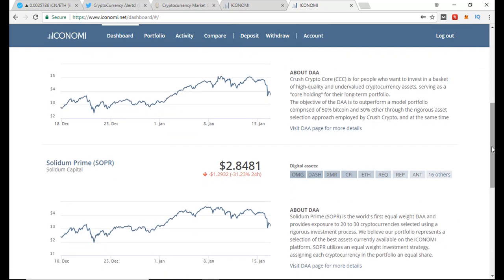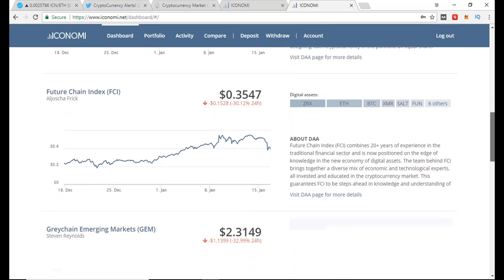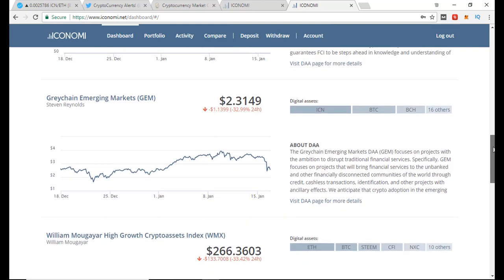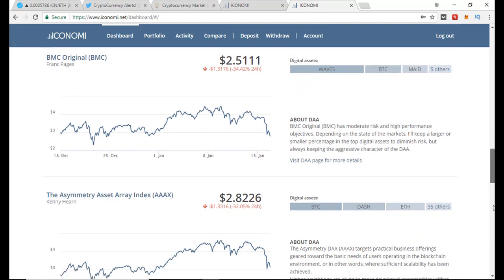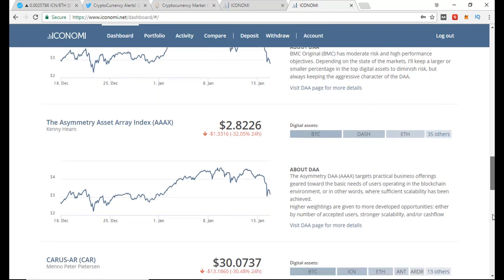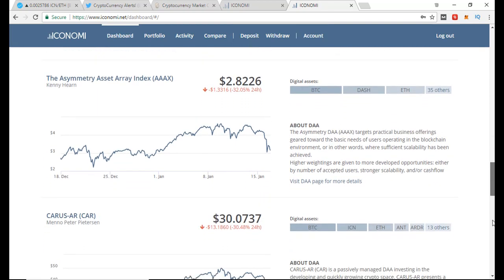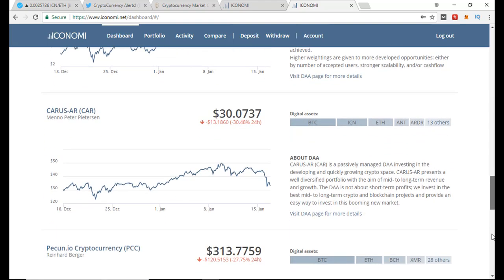You have different asset managers here, and they each have portfolios of cryptocurrencies, and you buy into these, and your investment performs based on the basket of cryptocurrencies held in whichever asset manager you choose to go with.